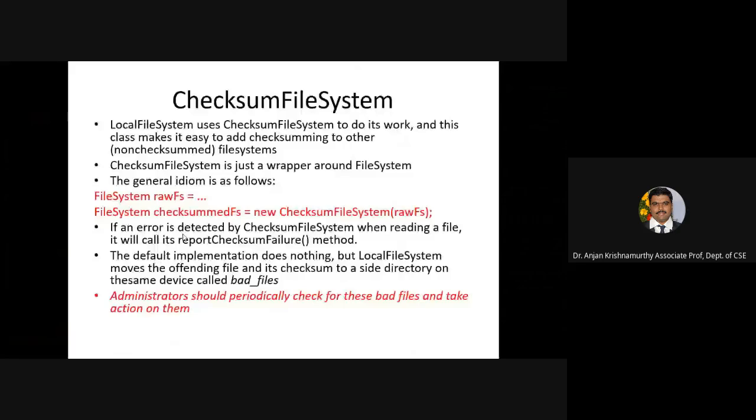This is the general idiom or syntax used for a checksum file system. So if an error is detected by a checksum system, the default local file system moves the offending file with the checksum aside on the same device, so you can look for these bad files and take action on them.